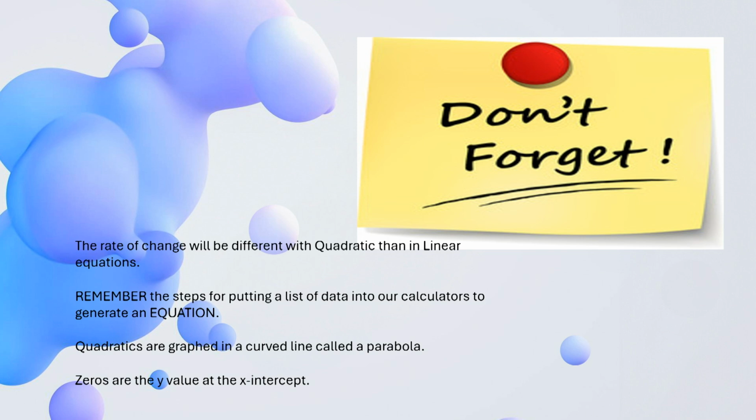And remember the steps of putting the list of data into our calculator so we can generate an equation. Quadratics are graphed with a curvy line called a parabola that looks something like this or like this, depending on what the graph is. And zeros are the y value of our x-intercepts.